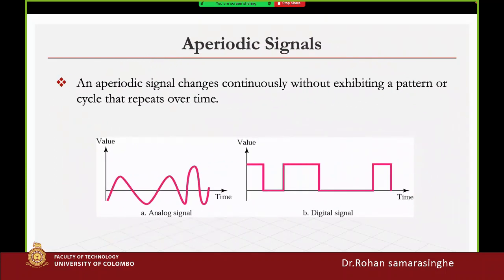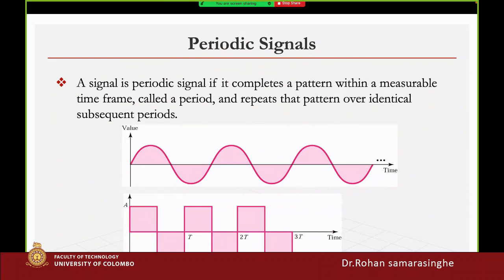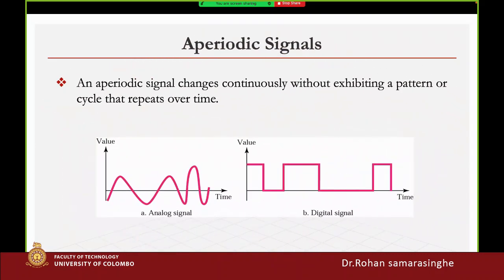Another one we can find is aperiodic signals. Before, you could see periodic signals produced after a certain time period, so we can have a similar time period for each one. But here, an aperiodic signal changes continuously without exhibiting a pattern of cycles that repeat over time.